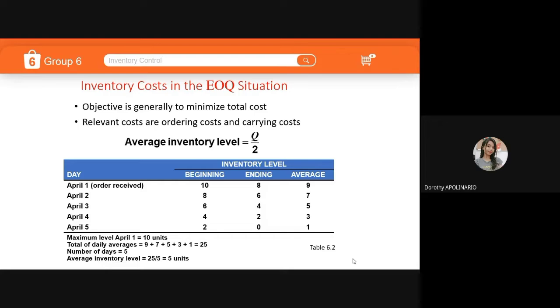Same as number 2, add the beginning, which is 8, and the ending, which is 6, and then divide by 2 to get the average of 7. And the same process until number 5. After that, add the total of the daily averages, and then the sum will be divided by 5, or the number of days, and the answer would be 5 units. And these 5 units will be the average inventory level. So next, please.